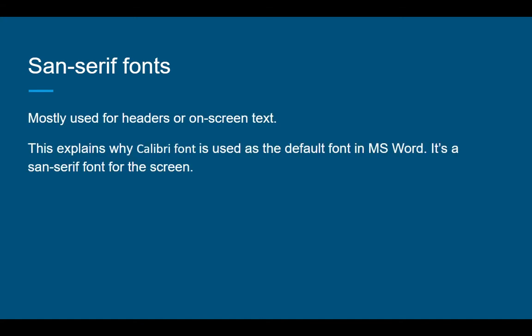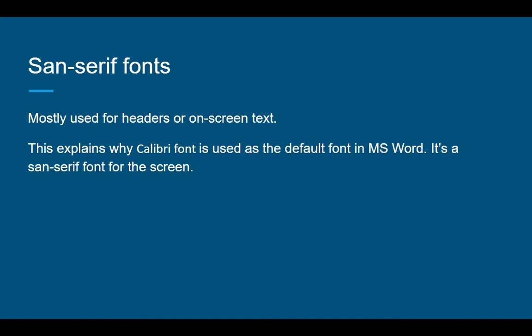Compare that, friends and neighbours, with sans serif fonts. Sans serif fonts are used for headers, mostly, and bylines and headlines. They're also used as on-screen fonts.